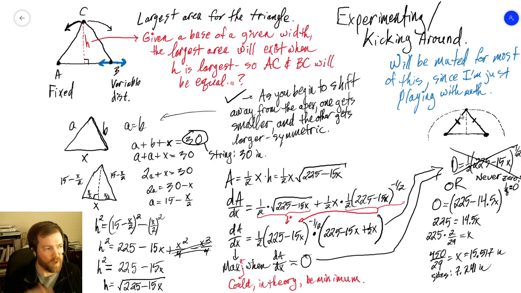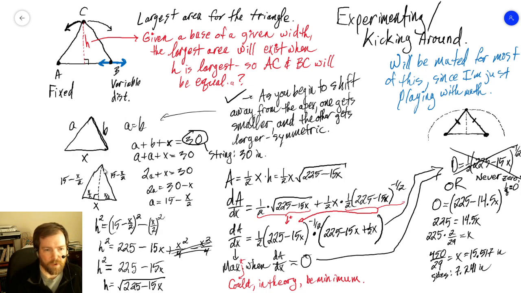So with 1/2 base times height being the equation we're working off of, the height is going to shrink, so the area is going to shrink. So you have to maximize the height, really, is what we're doing here. Given a fixed base, we'll just call it x.